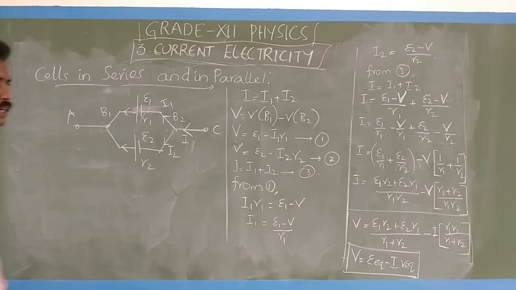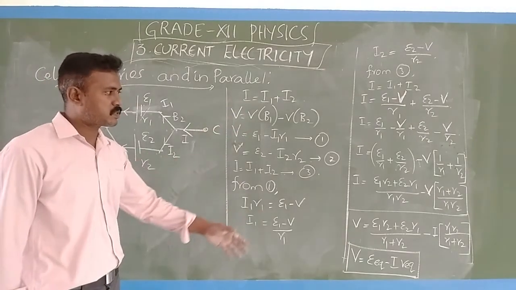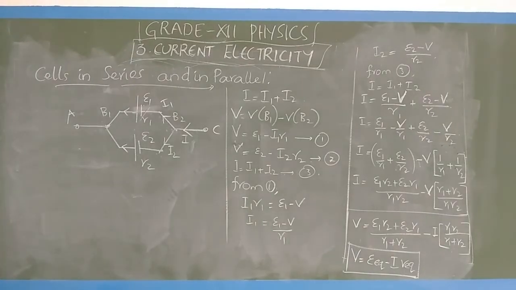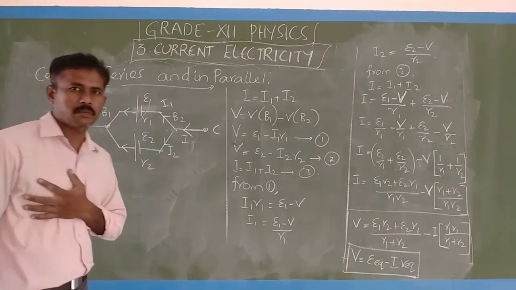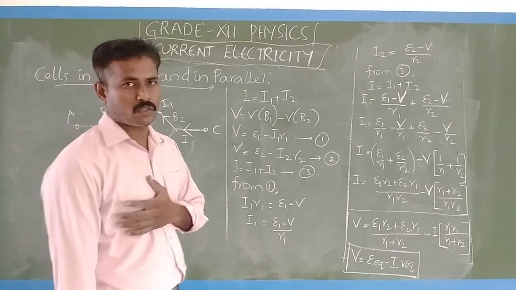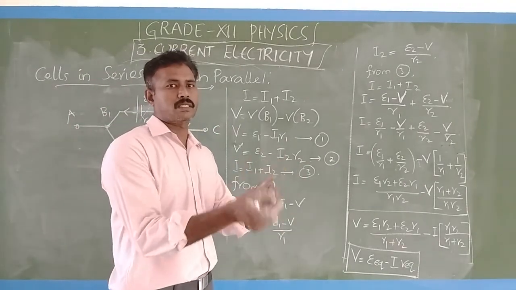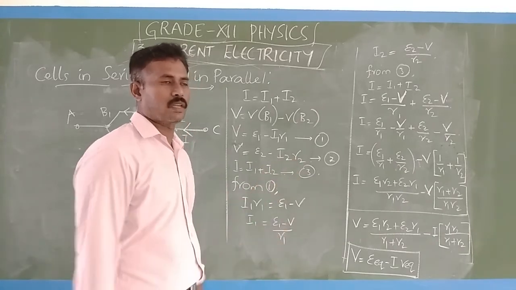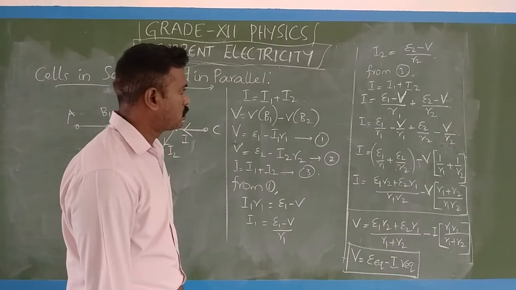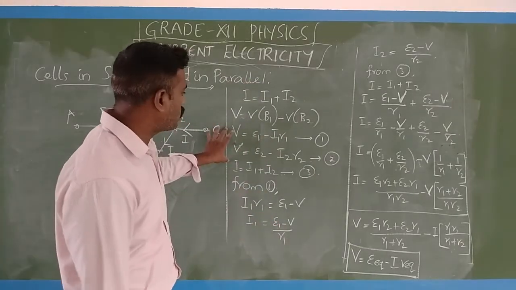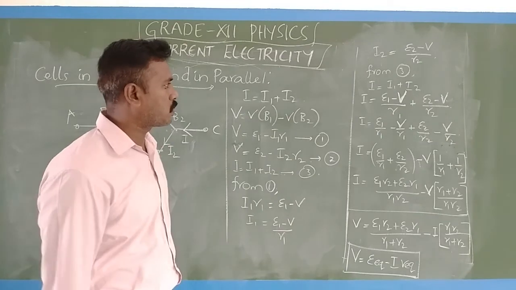Pause your video and then copy the steps very clearly. It is very simple mathematics, not so much maths, just altering the addition and subtraction and cross multiplication only. So do not get frustrated when you see it directly. You can just start from here and end up with a simple one.